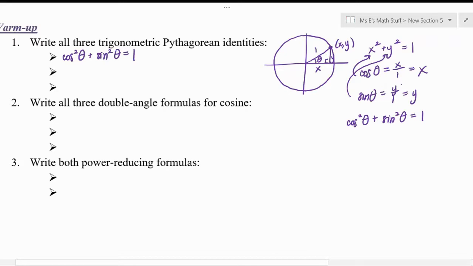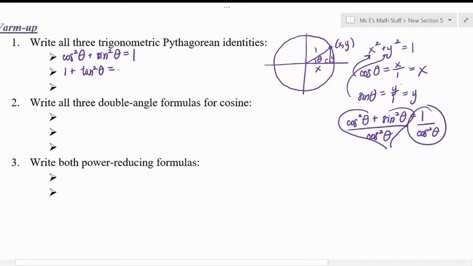Similarly, if you were to start with this identity here and divide both sides by cosine squared theta, then you'd have one of the other Pythagorean identities. Cosine squared divided by cosine squared is 1. Sine squared divided by cosine squared is tangent squared, and 1 over cosine squared is equal to secant squared.